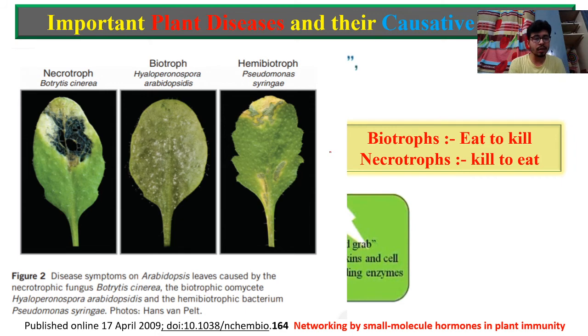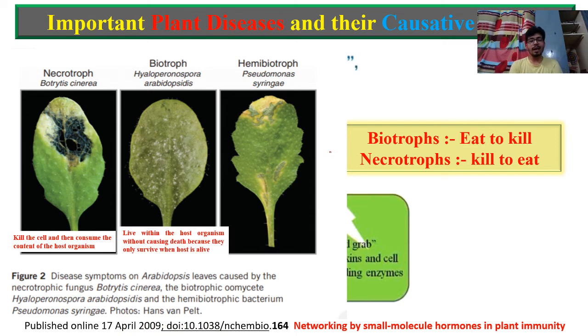So in a brief way, I will describe necrotrophs. What do they do? Necrotrophs kill the cell and then consume the content of the host organism. It means in a necrotrophic organism, the plant or that particular host is dead, and on the dead tissues this pathogen can interact and survive.